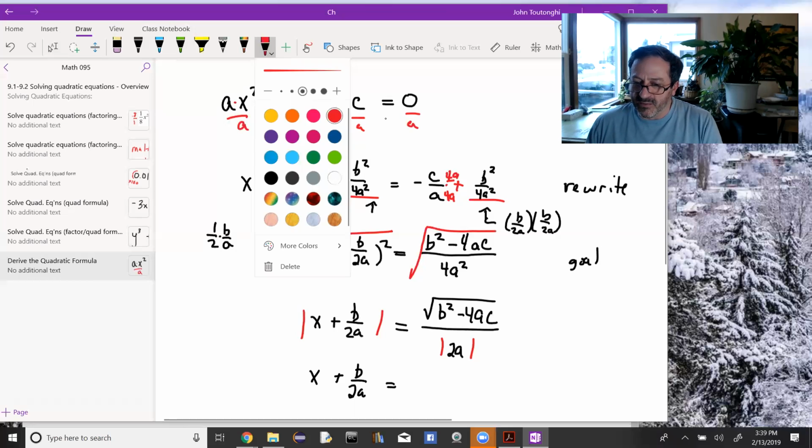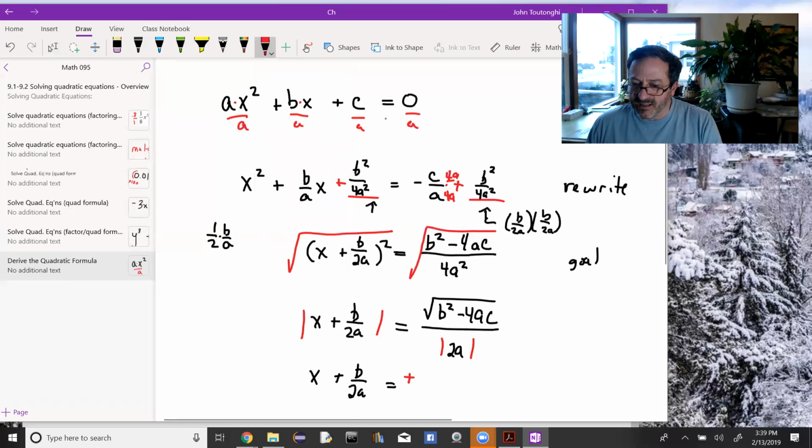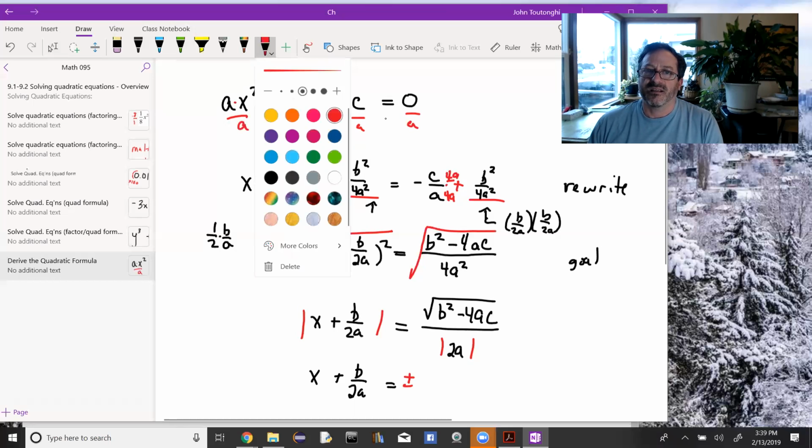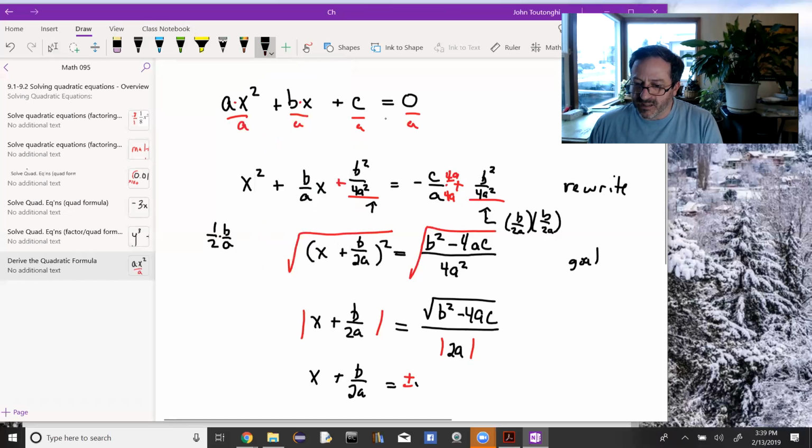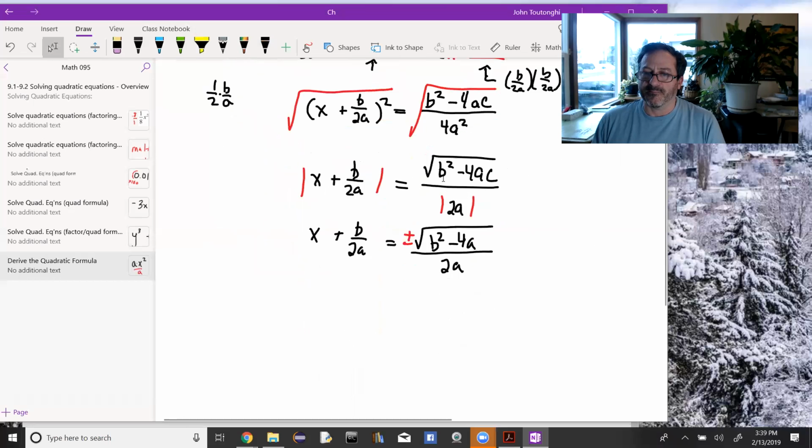But when you have a plus or minus and you multiply it by a plus or minus, you just end up with a single plus or minus. And it's plus or minus what? The square root of b squared minus 4ac. So now I'm going to remove this absolute value down here as well. And those plus and minuses just go together and become a single plus or minus.